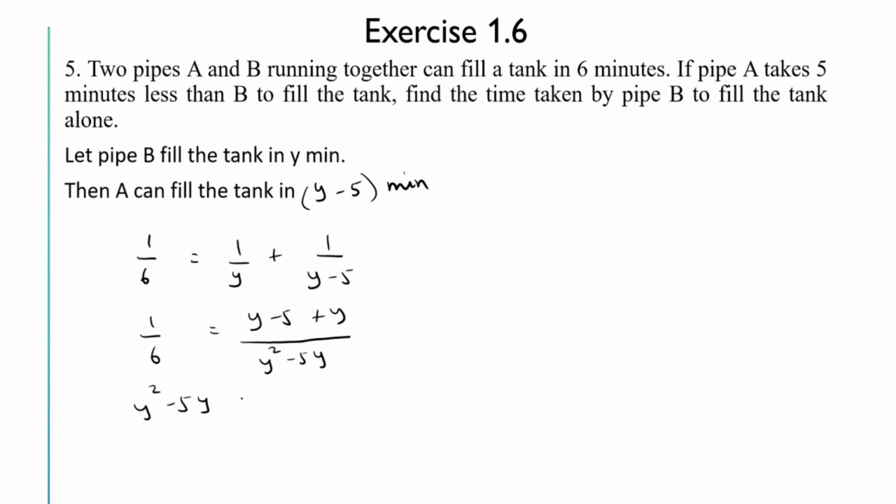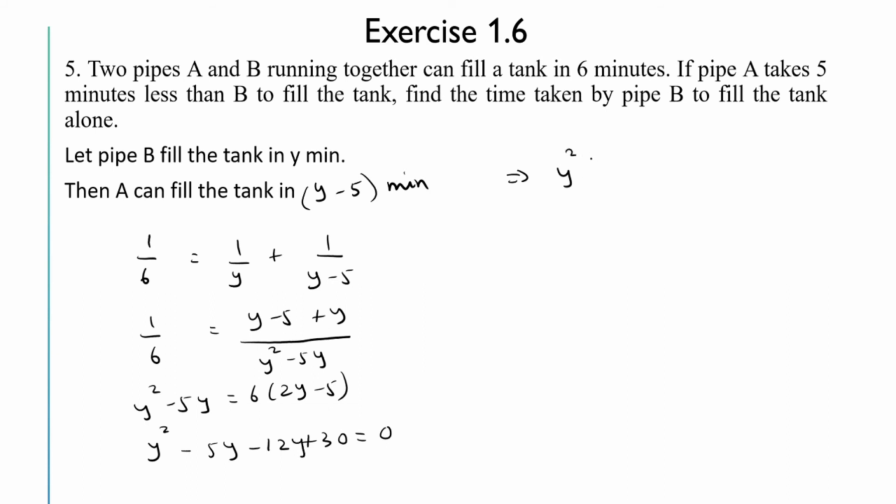So y square minus 5y is equal to 6 into (2y minus 5) on cross multiplying, or we get y square minus 5y minus 12y plus 30 is equal to 0. So here we have a quadratic equation in y.